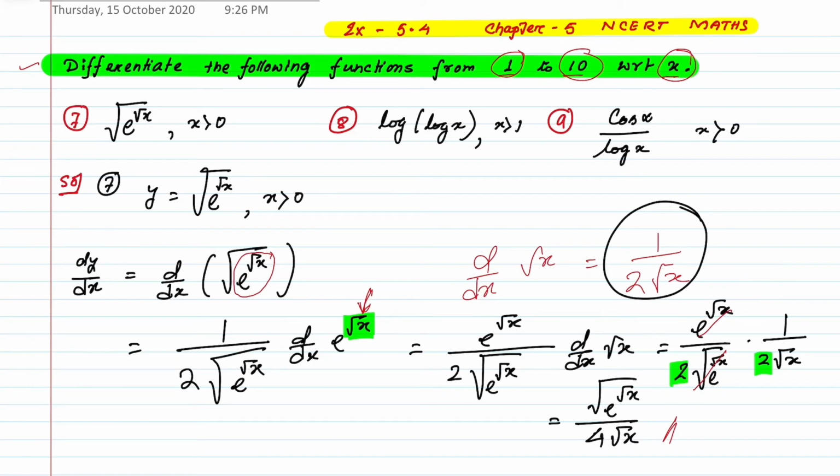Instead of cancelling these two, if you don't want to cancel, you can keep the answer as it is, like this: e to the power root x by 4 root e to the power root x into root x. So this is our final answer. You can keep the answer this way. Hope you have understood. Now let me show you the next one, that is 8.